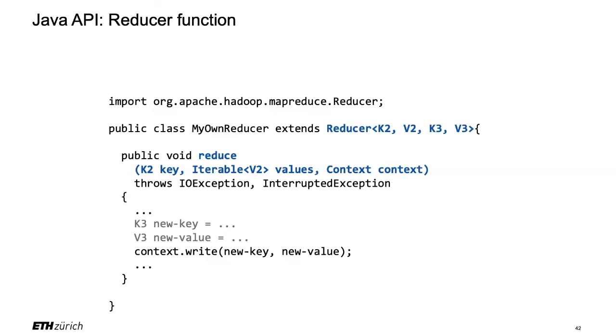And here you save a bit of space. You don't repeat the key, right? It's the same one for all the key values in that group. So you iterate through the values, and then you produce a new key and a new value. Very often, the new key will be the same as the key, actually. And then you call context write also to write your output, right? So it should be pretty straightforward. It's just the way it works in Java.